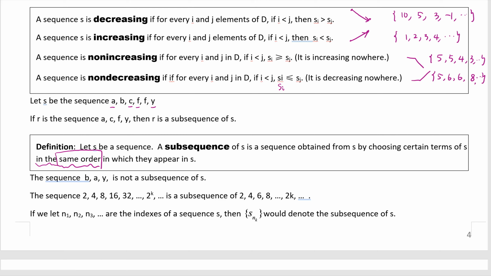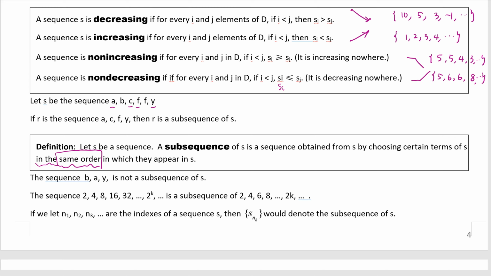Sometimes from the first couple of terms, we can derive an explicit formula for the sequence. Next, the sequence BAY is not a subsequence of S. BY is a subsequence, but you cannot go backward or change the order. So BAY is not a subsequence.